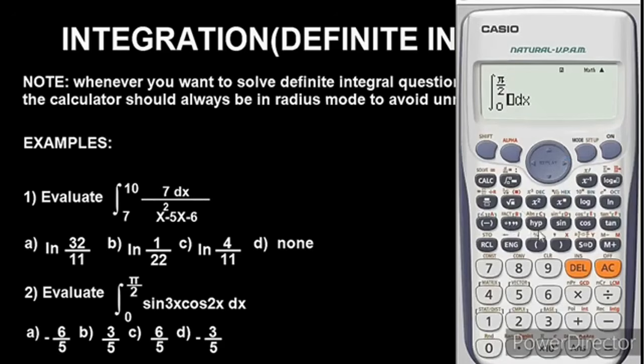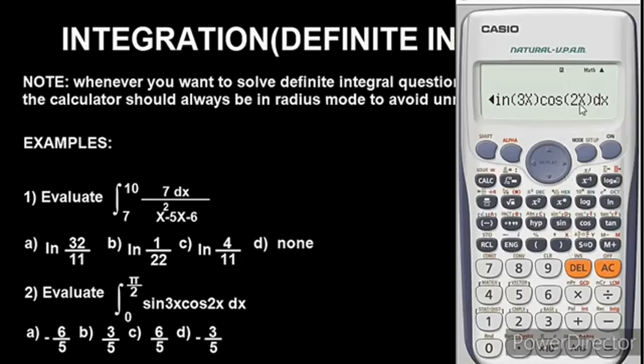There we have sine 3x, alpha x, equals, the brackets, cos 2x, alpha x, equals, the brackets. So that's it.